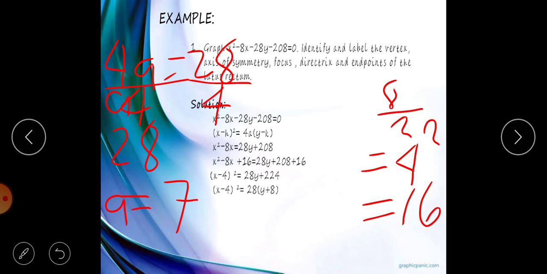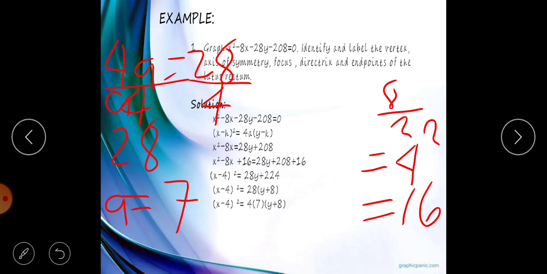So we now have the value of a, which is 7. Our value of a is 7, which means that the graph opens upward because a is greater than 0.